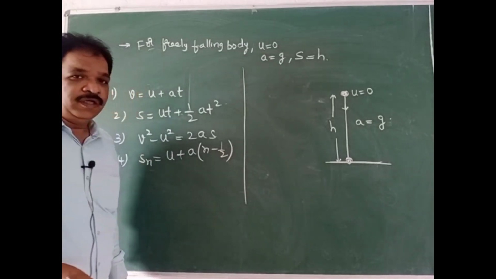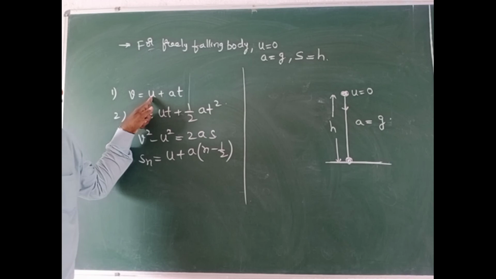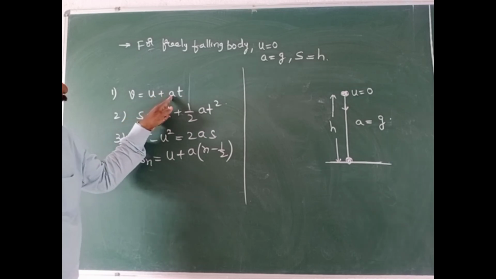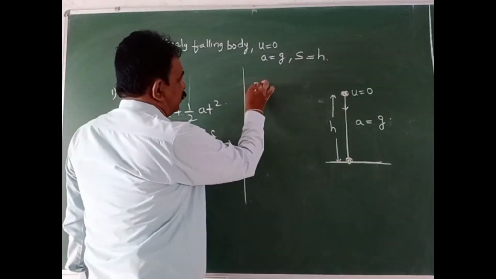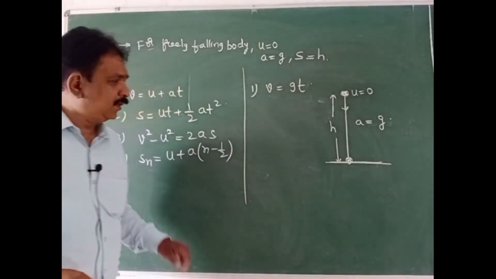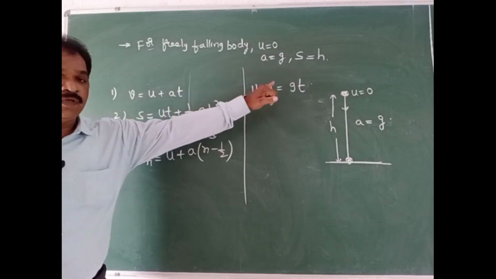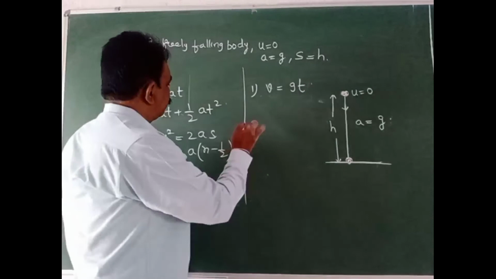For freely falling body, how will they convert? U value will be 0, a value will be g. So it becomes v is equal to gt.